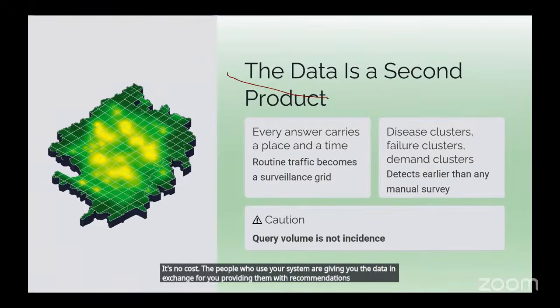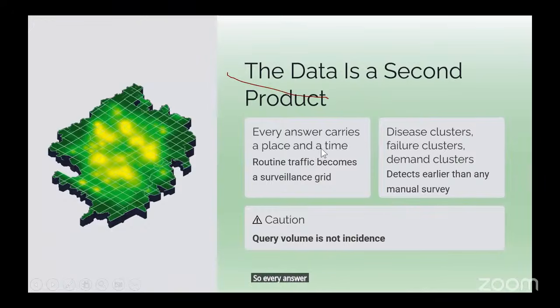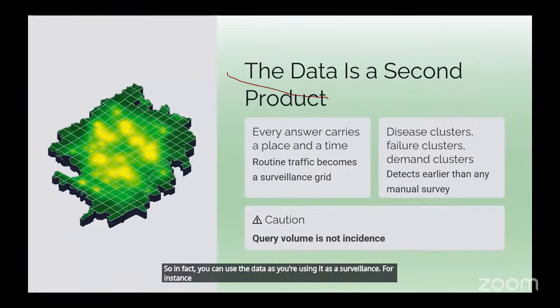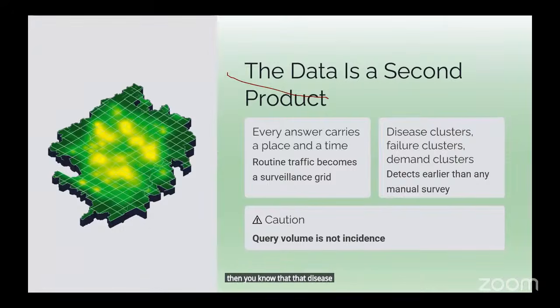Okay. So every answer carries a place and a time. So in fact, you can use the data as surveillance. For instance, if many people from a certain location report a certain disease, then you know that disease is happening in that location, and you can send intervention there.